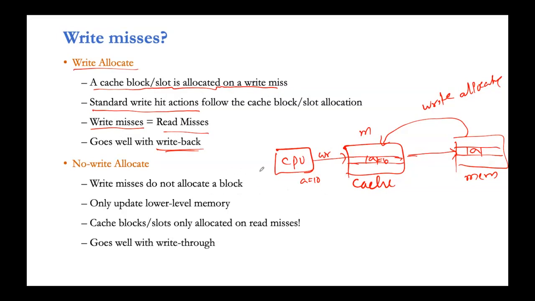But when there is no write allocate, what happens? The write miss does not allocate any block. It only updates the next level, that is the higher level memory. So it directly writes to the main memory, because there is no cache allocation. So this is the write miss handling.